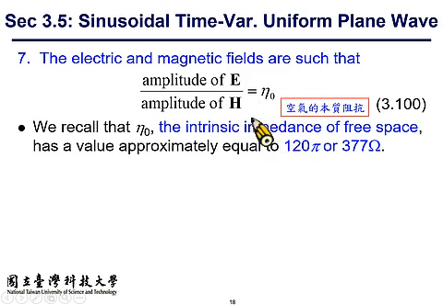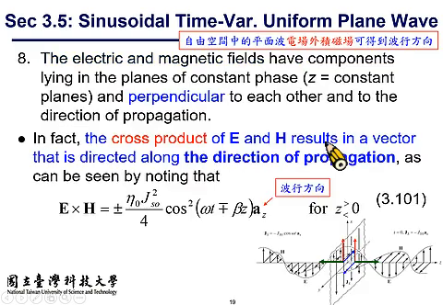So the last two things we would like to mention: the first is intrinsic impedance. As already mentioned, intrinsic impedance is not a resistance. It's actually the ratio of the E and H field. For a wave in free space, the ratio is 377 ohms, or 120 pi. That is the ratio of electric and magnetic field in free space.